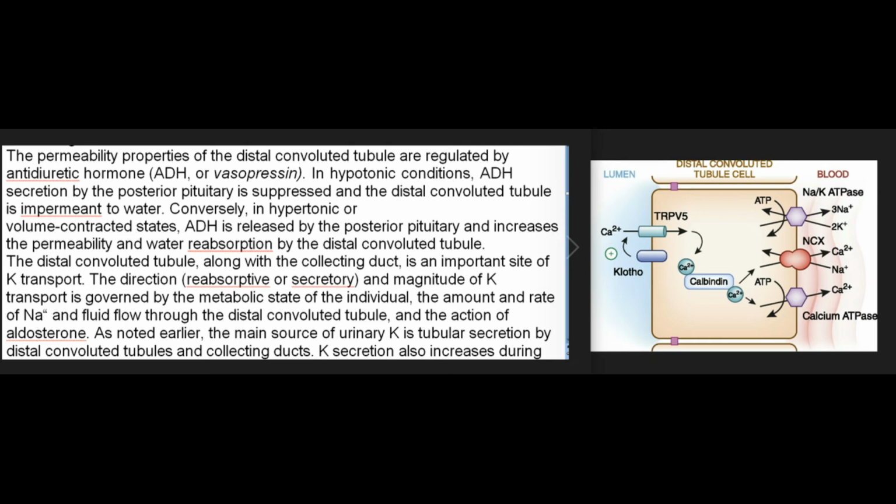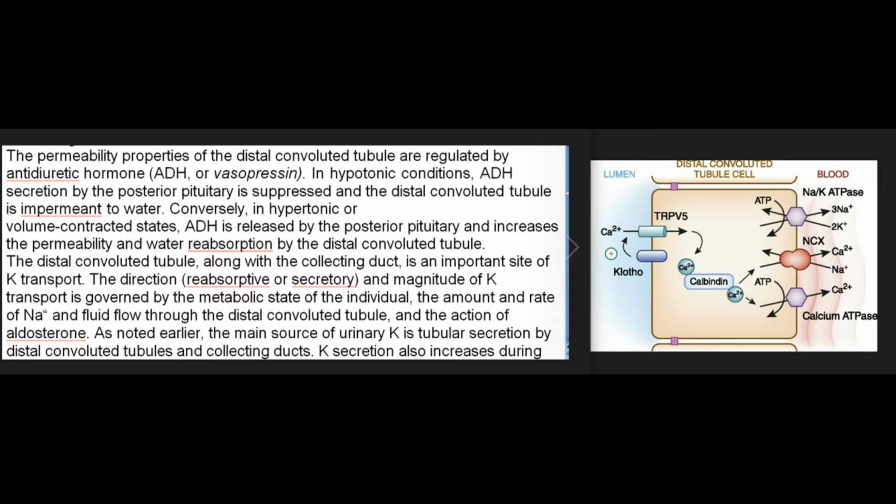The permeability properties of the distal convoluted tubule are regulated by antidiuretic hormone, ADH, or vasopressin. In hypotonic conditions, ADH secretion by the posterior pituitary is suppressed and the distal convoluted tubule is impermeant to water. Conversely, in hypertonic or volume-contracted states, ADH is released by the posterior pituitary and increases the permeability and water reabsorption by the distal convoluted tubule.